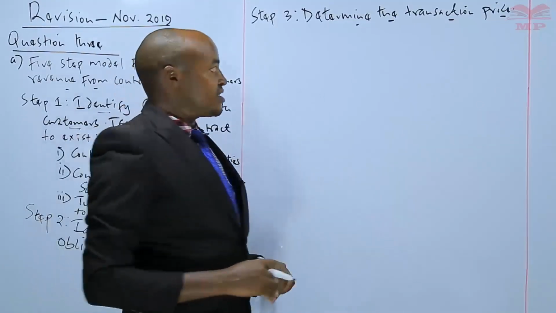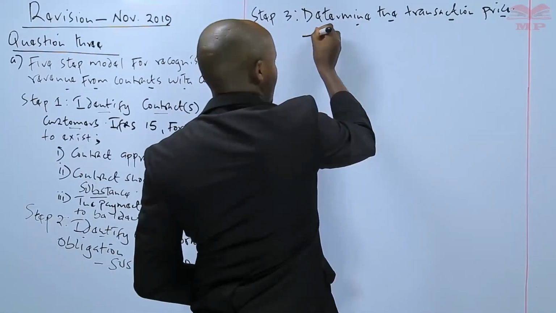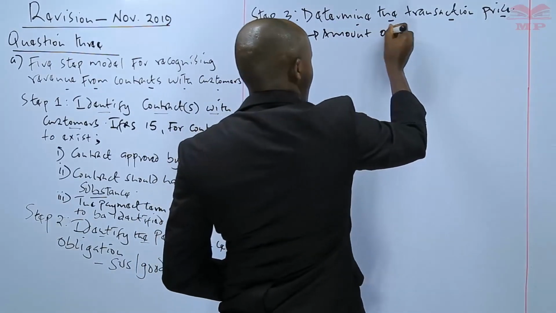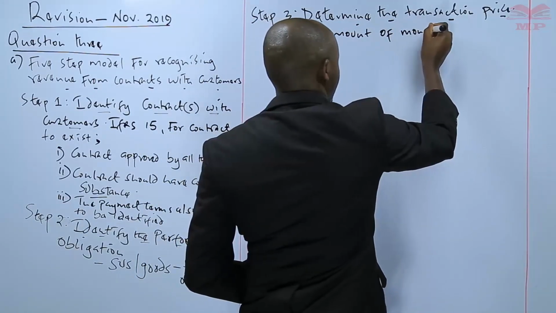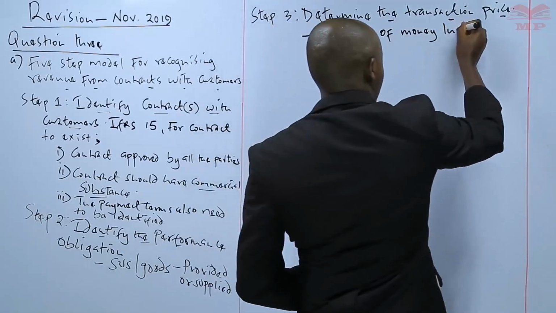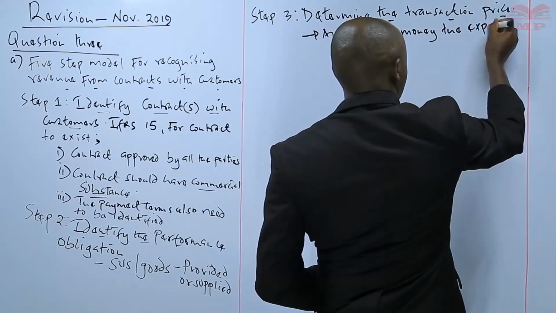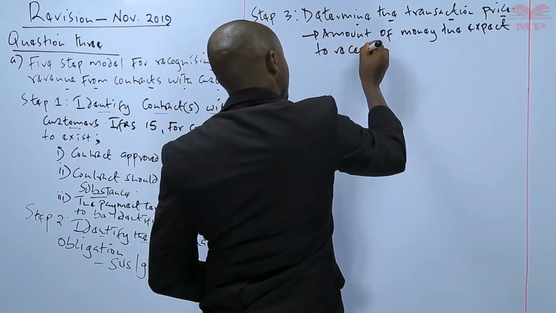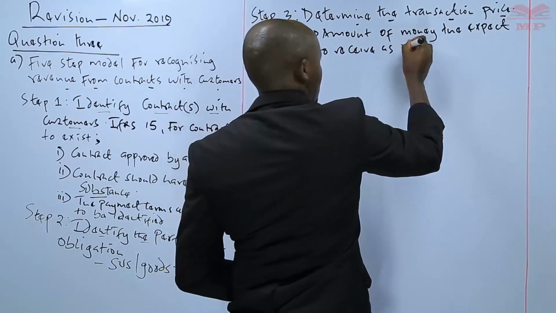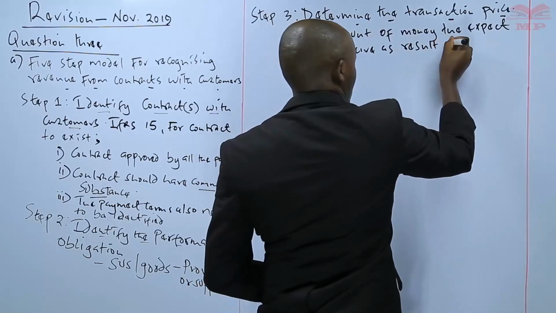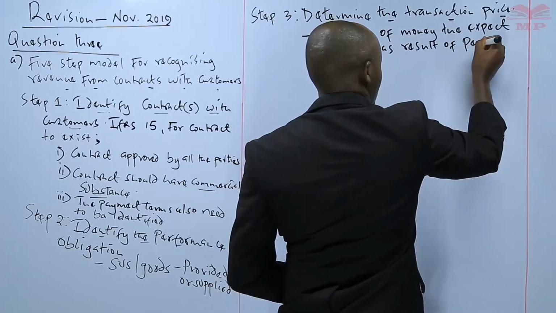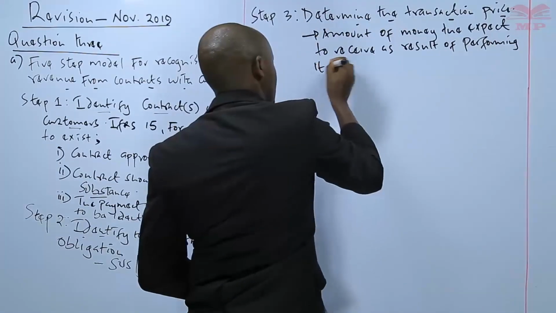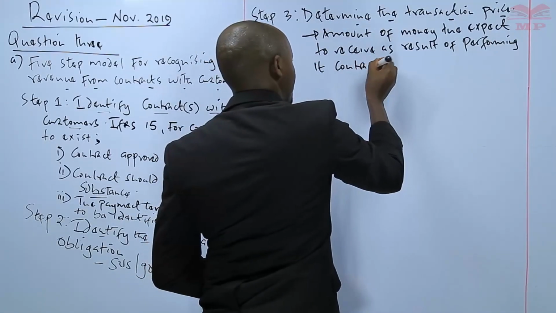So in this case, the transaction price is the amount of money the business expects to receive as a result of performing its contractual obligation.